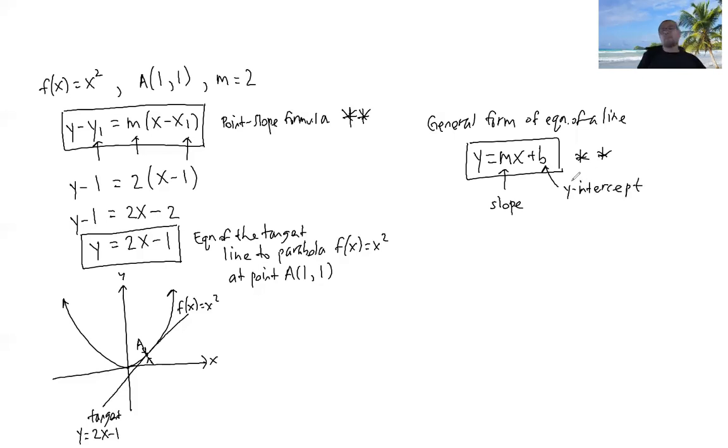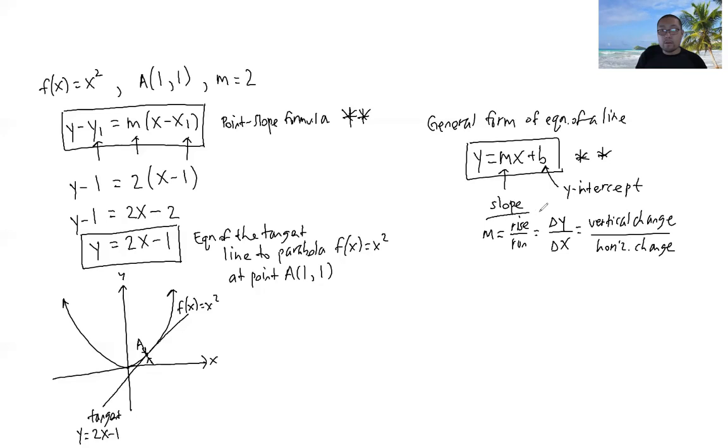These are sort of the main takeaways that we want to go over. And lastly, slope, just a reminder, is defined as rise over run. So this is the change in y over the change in x. And you can think about this conceptually as vertical change over your horizontal change. And so these are the main points of this lesson.